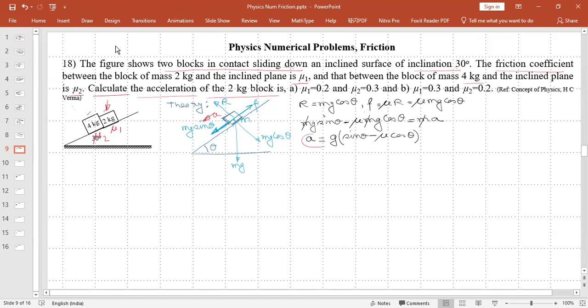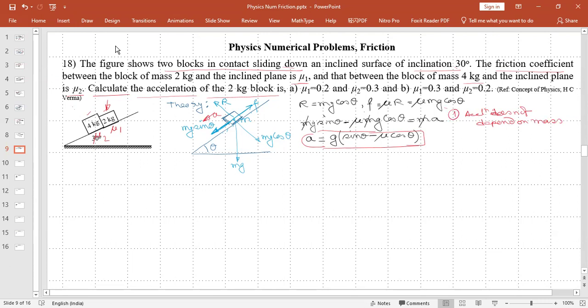This is a very important question, you can say, which is useful always. What do we find from this equation? We find acceleration is independent of mass. This is one conclusion.